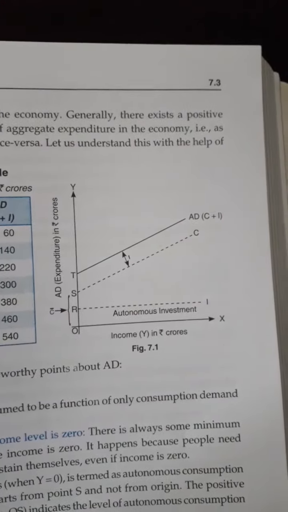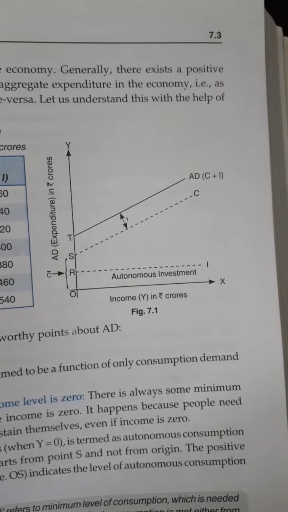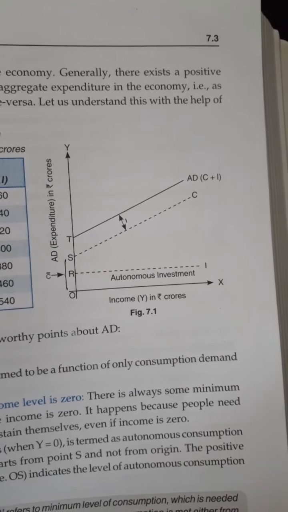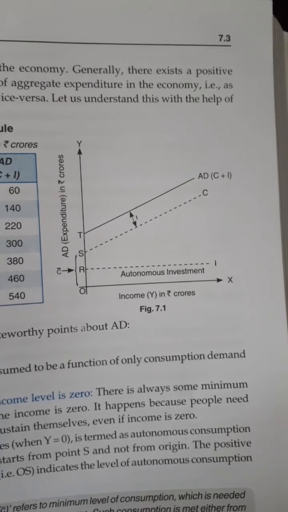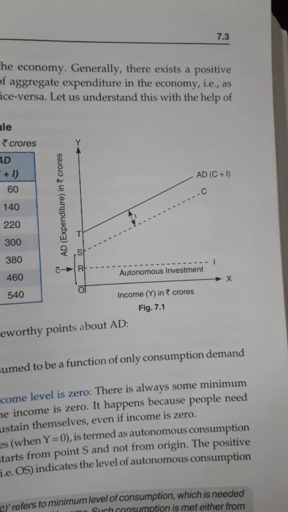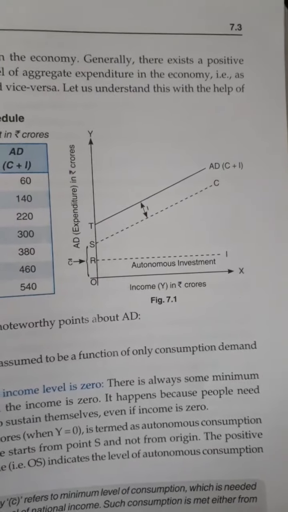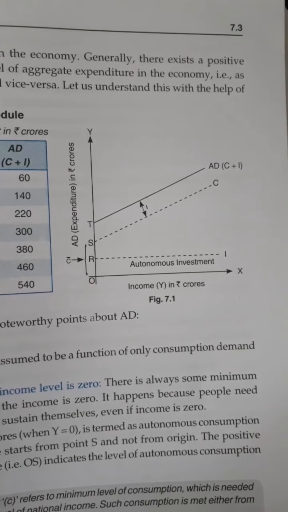This positively sloped curve is AD, and it is not starting from 0. Understood?